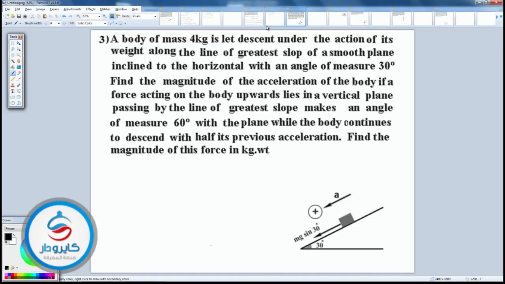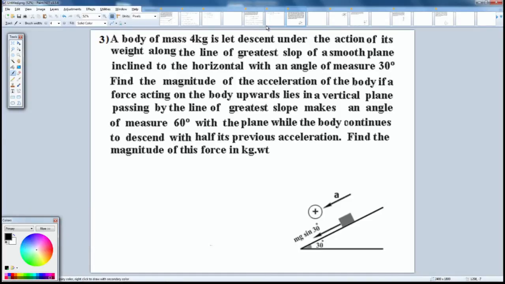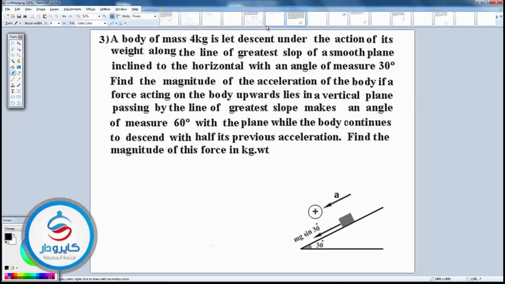Find the magnitude of the acceleration of the body if the force acting on the body upwards lies in a vertical plane passing by the line of greatest slope makes an angle of measure 60 degrees with the plane while the body continues to descend with half its previous acceleration. Find the magnitude of this force in kilogram weight. Solution.